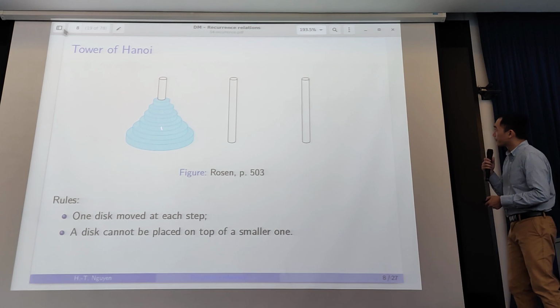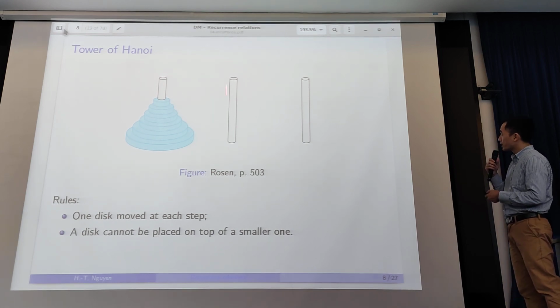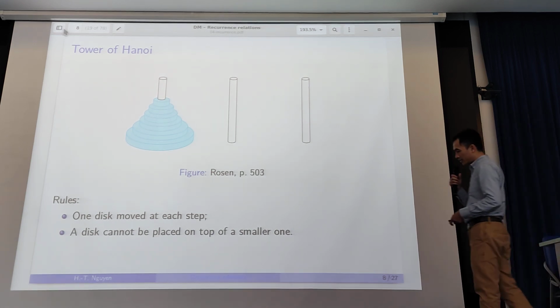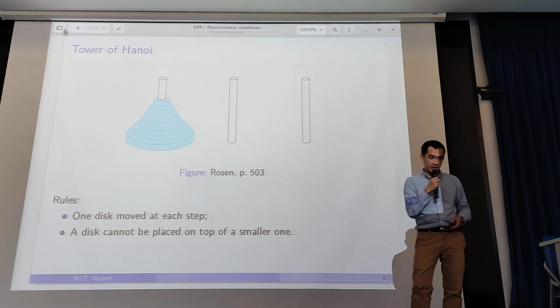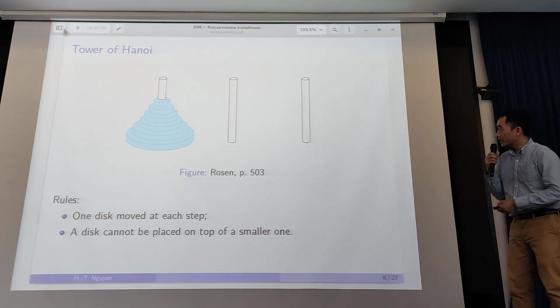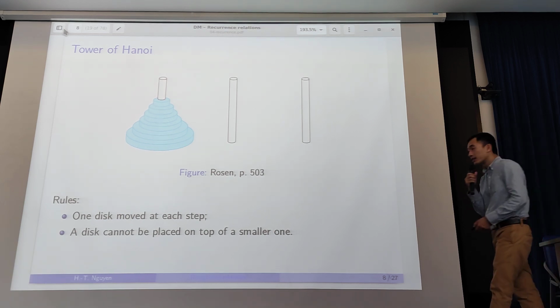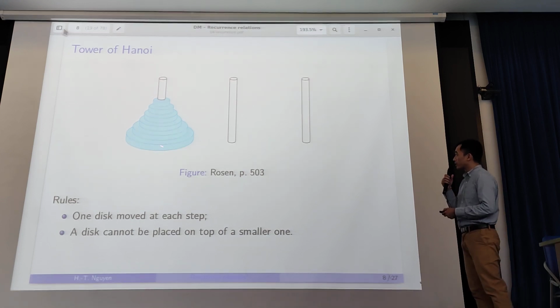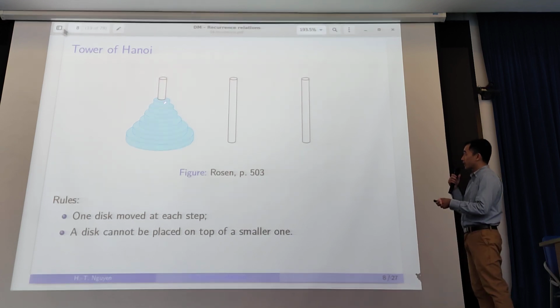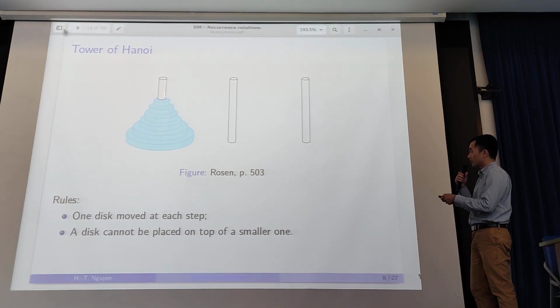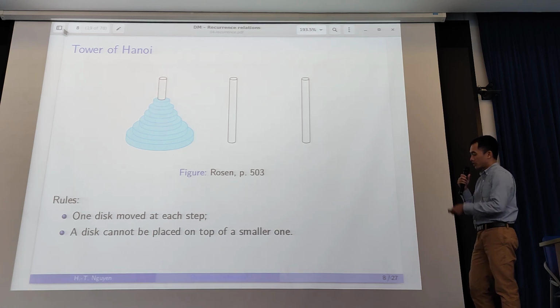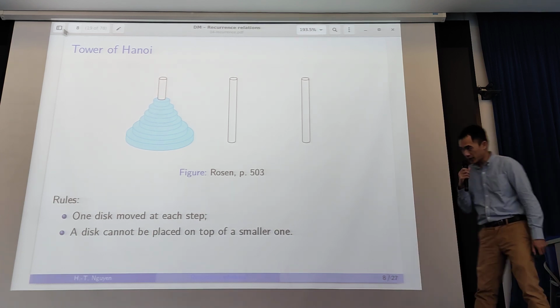So you have three, let's say, wooden pegs. And you have some circular discs of different sizes. In the initial configuration, the discs are put on top of each other, and they have a hole in the middle so that they can be put on those pegs.